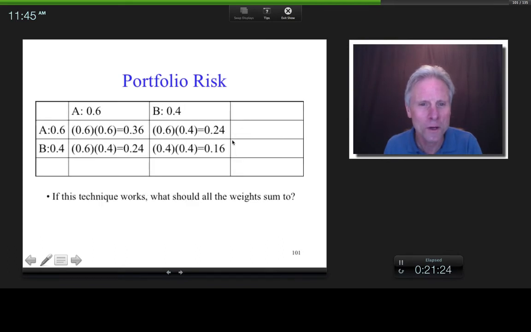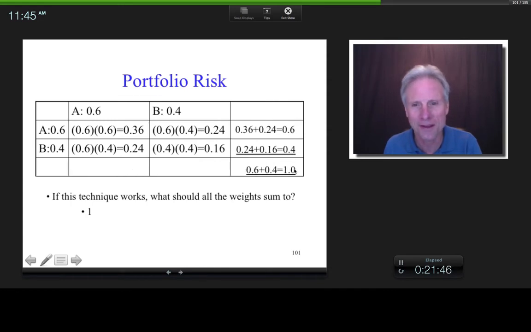And so if this is all working, then these four numbers, 0.36, 0.24, 0.24 and 0.16, they better add up to what? As I mentioned earlier, they better add up to 1. Well, let's see. If I take this 0.36 and this 0.24, I get 0.6. If I take that 0.24 and I add this 0.16, I get 0.4. And of course, if I add these guys up, I get 1.